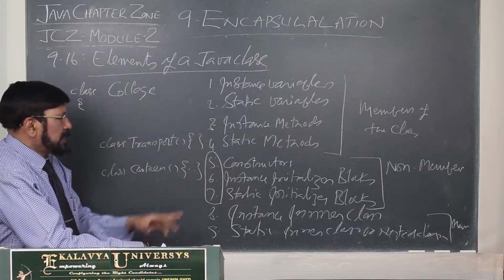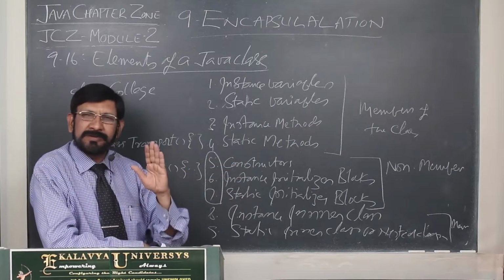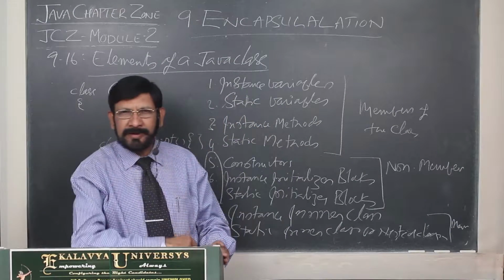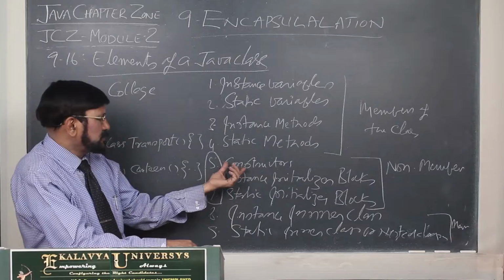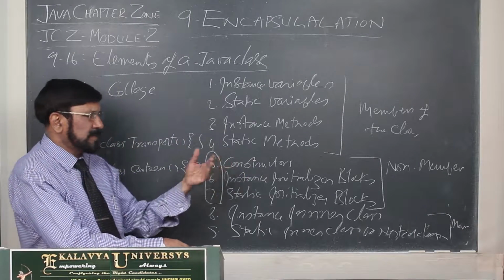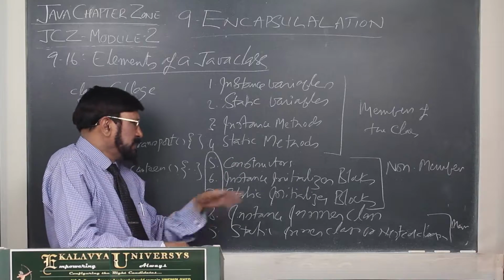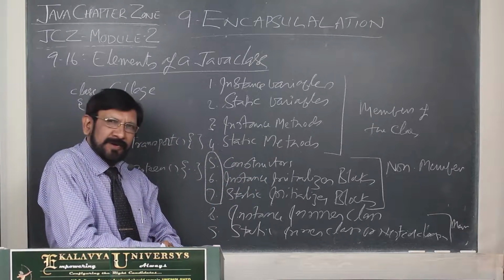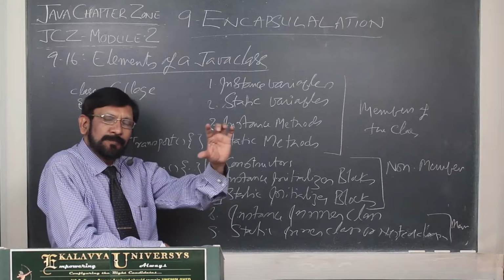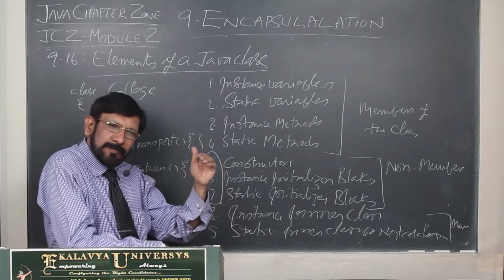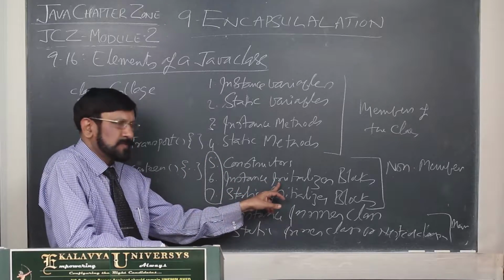Thereafter, constructor. Constructor is a standard initialization method, but you should not call it a method, it is a standard mechanism, and it is not a member of the class. You have to treat it as an initialization method. Instance initializer blocks are also like constructors without names, only a block of statements. These are meant for initializing instance variables.